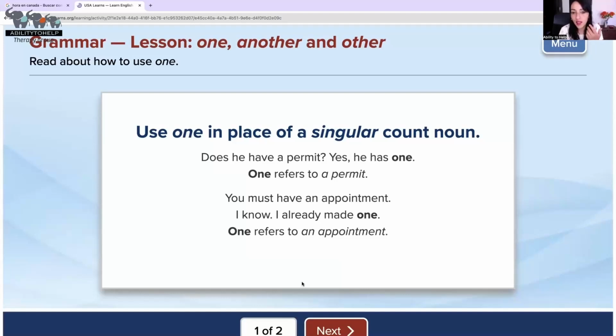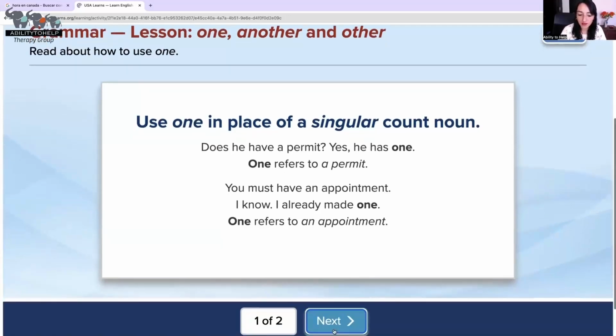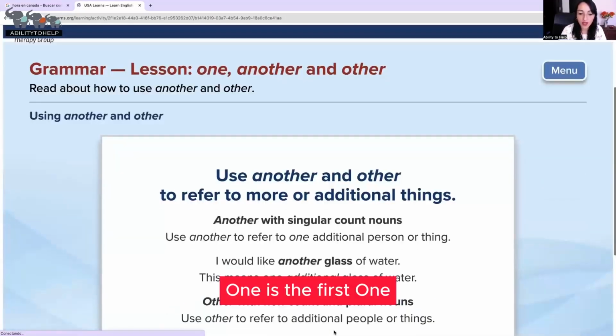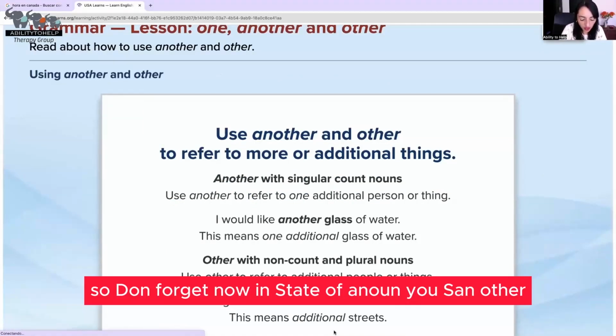You could say one instead of the noun. You must have an appointment. I know, I already made one. One refers to an appointment. One is the first one, so don't forget it. One is used instead of a noun.